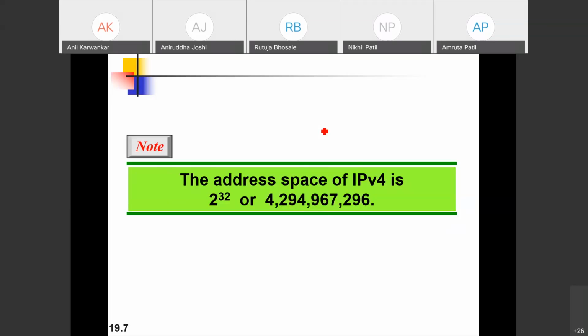See the address space of IP version 4. The length of the IP address is 32-bit, so 2 raised to 32, or more than 4 Arab IP addresses are available. See the huge quantity, and still we are striving. Every device connected to the internet is allocated one specific IP address at one instant of time, a unique IP address assigned to that system.